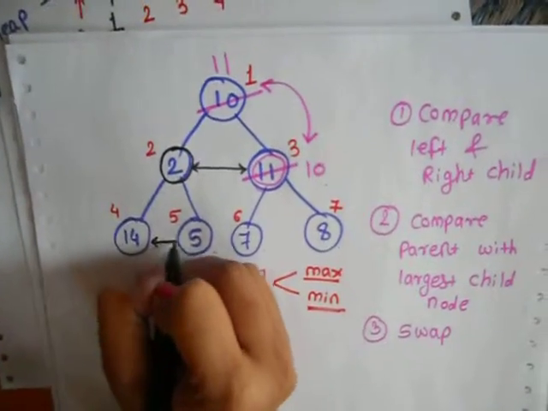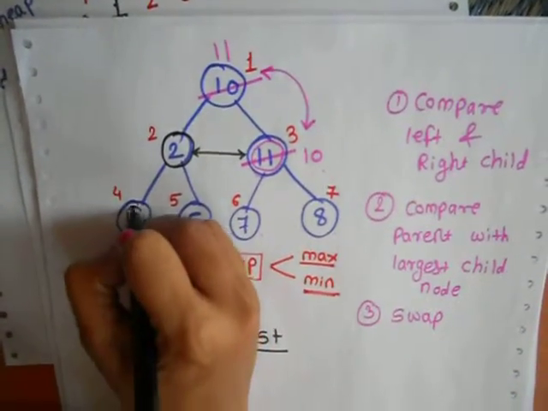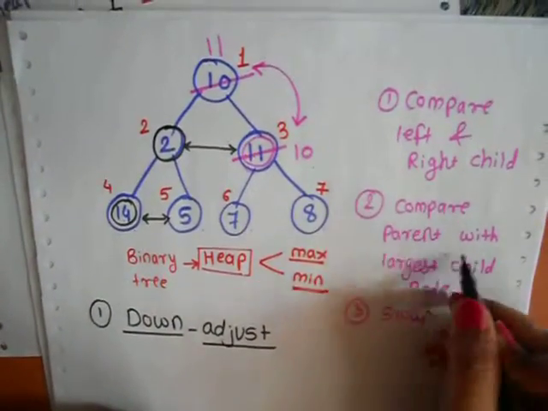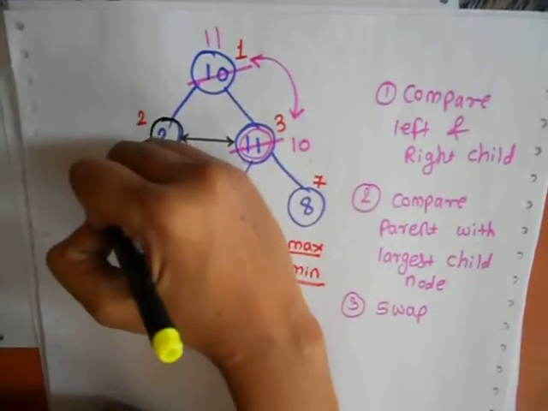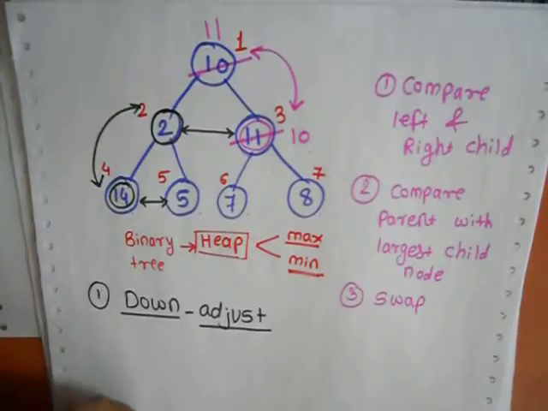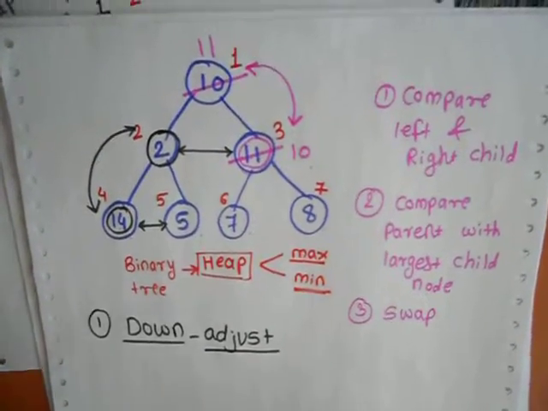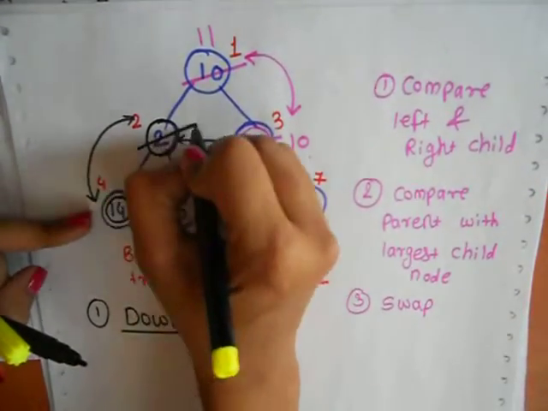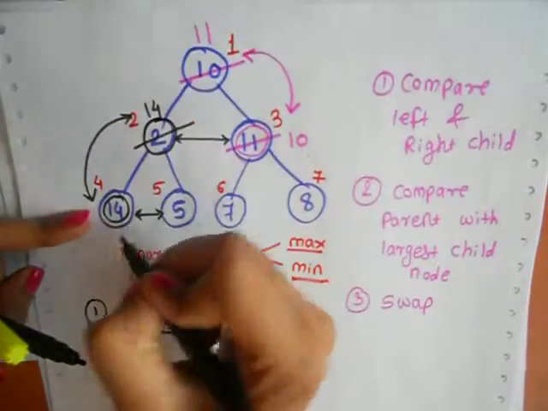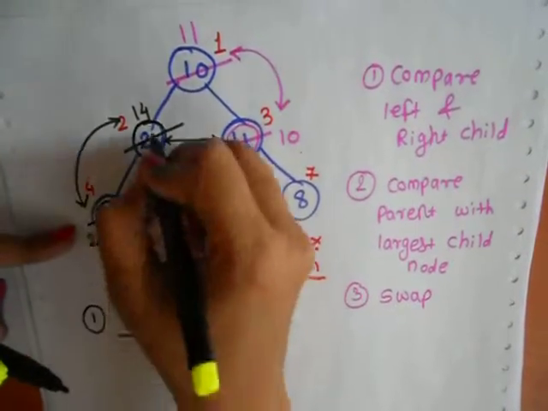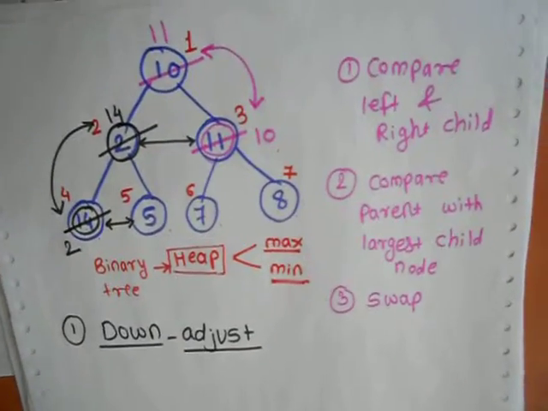Which one is greater? 14 is greater. Next, compare the parent with the largest child. So we compare this 14 with 2. Which one is greater, 2 or 14? 14. So swap this. 2 will be here, 14 will be here.